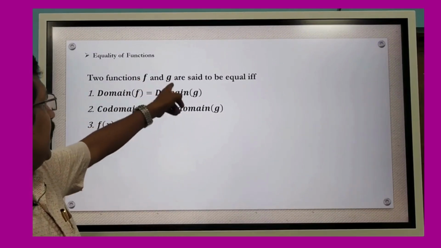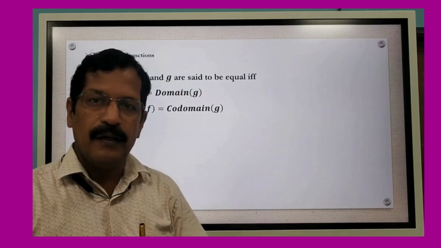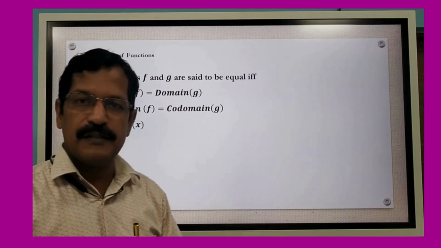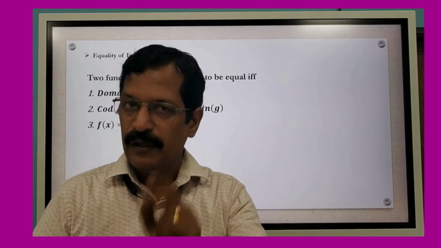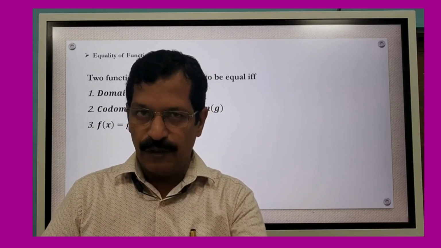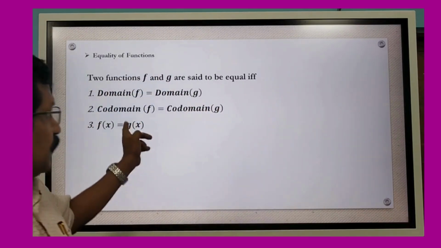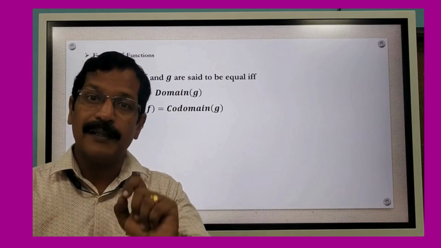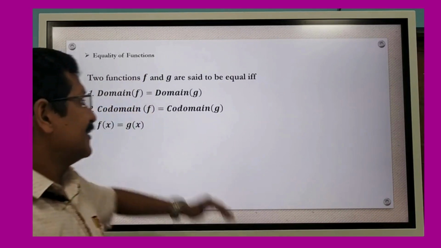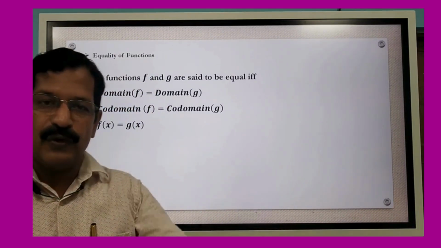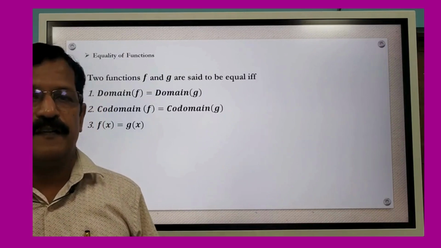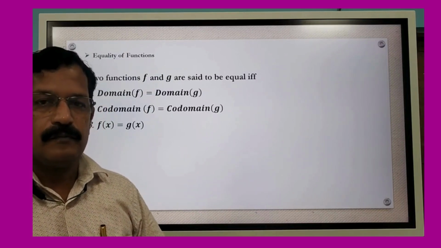Two functions f and g are said to be equal if and only if domain of f is equal to domain of g, codomain of f is equal to codomain of g, and the mapping also is to be the same. F of x is equal to g of x. If all the three conditions are satisfied, we can say that the two functions f and g are equal functions.